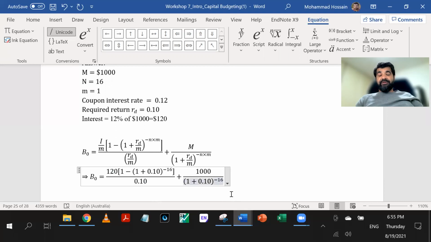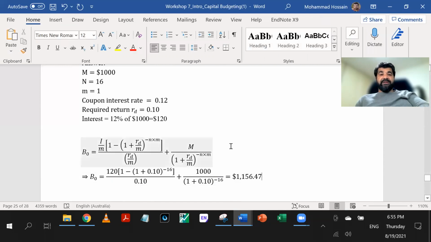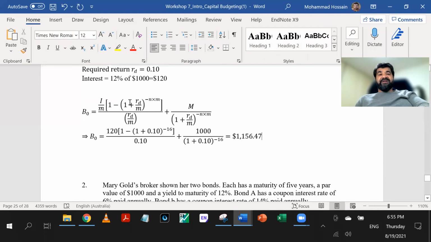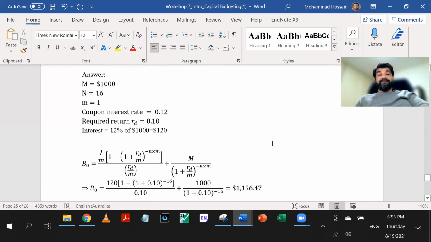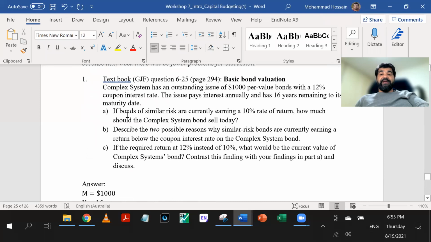The answer of these things will be coming up as equal to $1,156.27. So this is the rest. All the figures are given. You can understand which figure is what. That's question number 8.